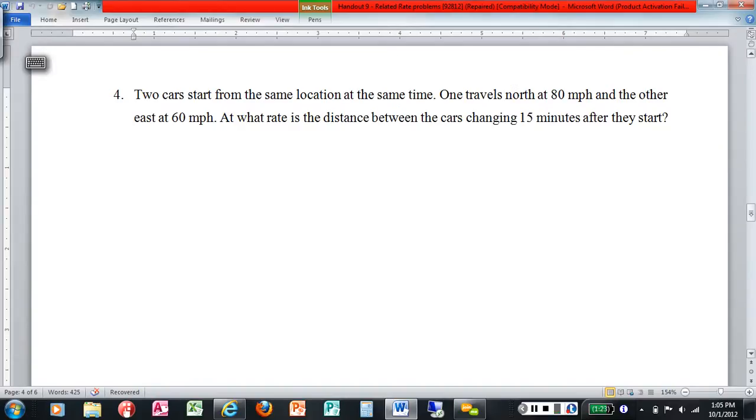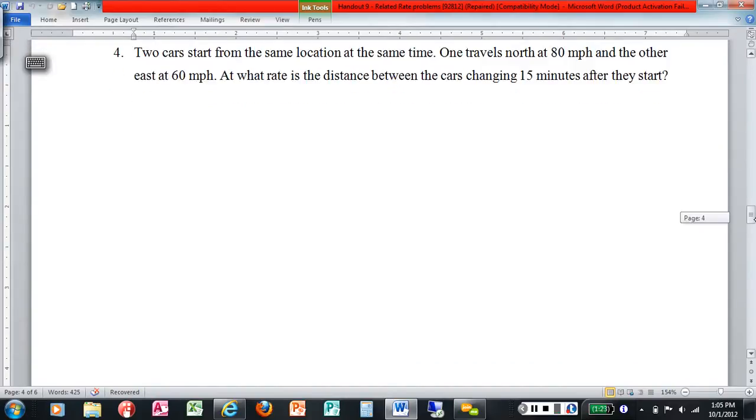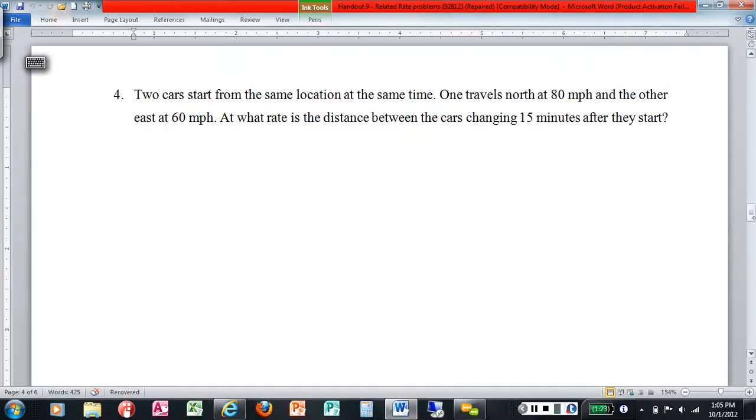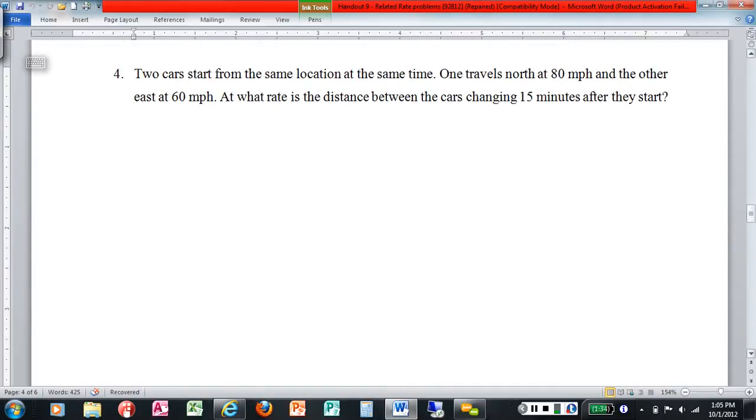See if we can get all this in this little space here. So if I draw out the picture, they're starting, let's see, one's going northeast. Here's my starting point, and one car is going north at 80 miles per hour.